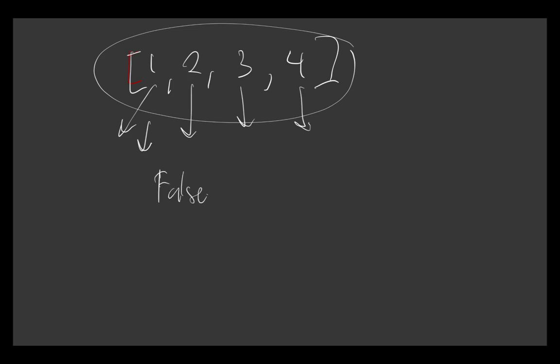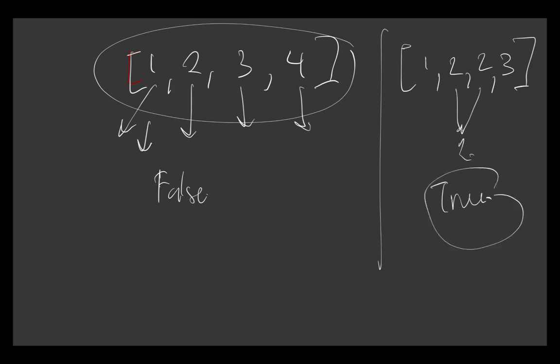And here, if there are duplicates like this, with two of number 2, it's going to return true. So we just need to return true if the same number appears more than once, and return false if all the numbers are distinct.